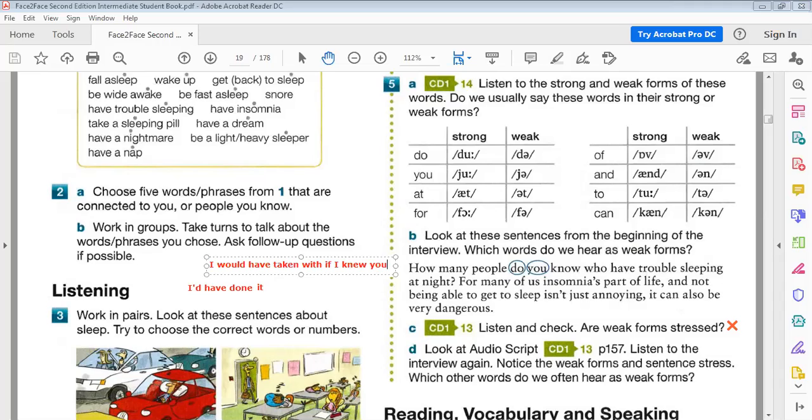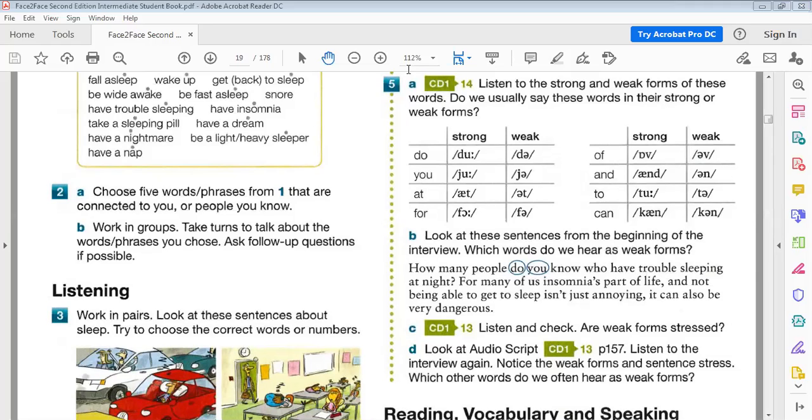These are just conditional sentences. I would have taken it with me if I knew you'd be there. Anyway, so this is the idea. So have is also usually in the weak form. I think this is the answer to the last part here.